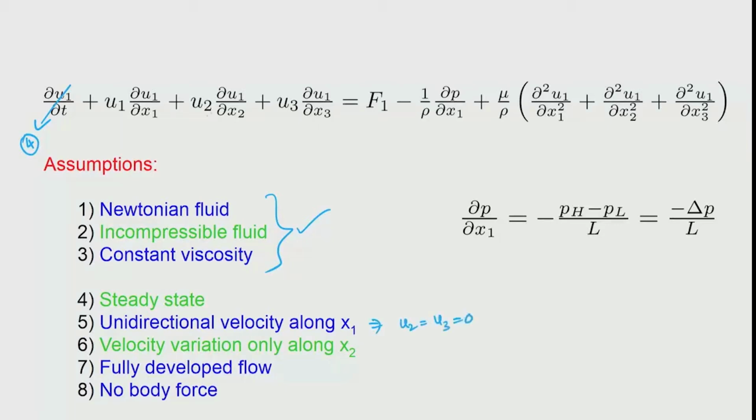So, then I knock off this term and this term from the assumption 5. Okay. And then the velocity is varying only along x2. So, we do not have a variation along x3 direction. So, we then knock off this term also, and we say that the fluid flow is happening in fully developed manner, which means that there is no gradient of the flow along the flow direction. So, which means that we knock off this term, and this term is actually second derivative of the same one.